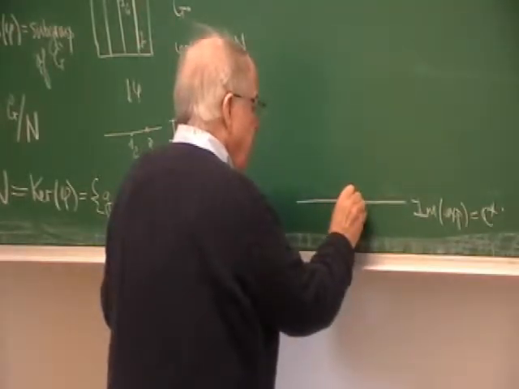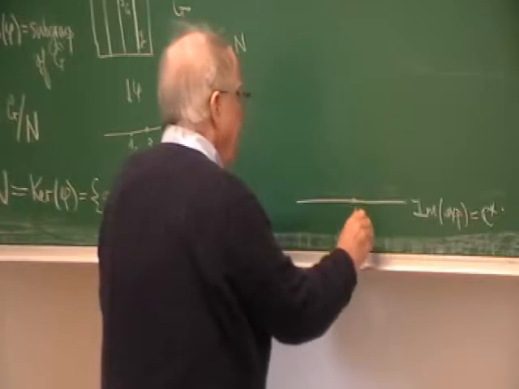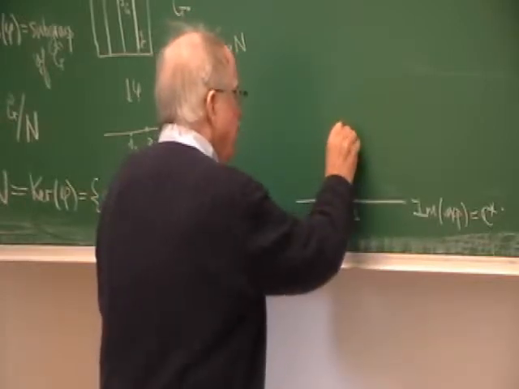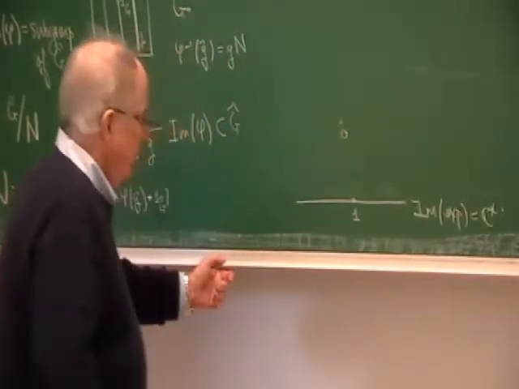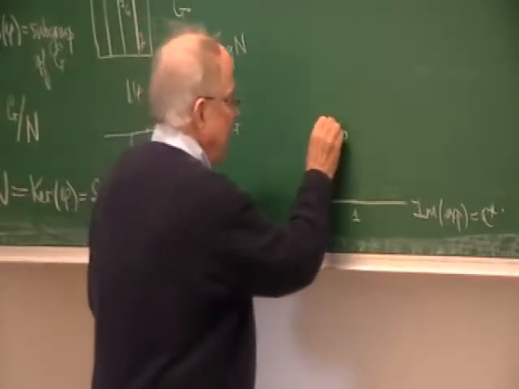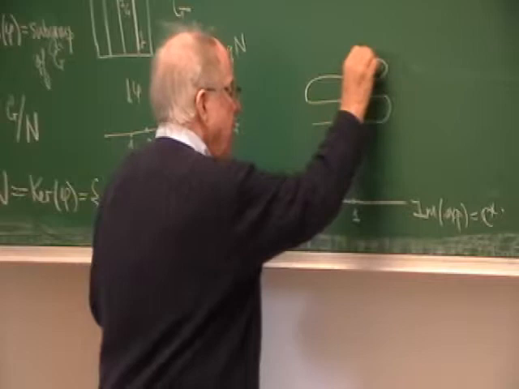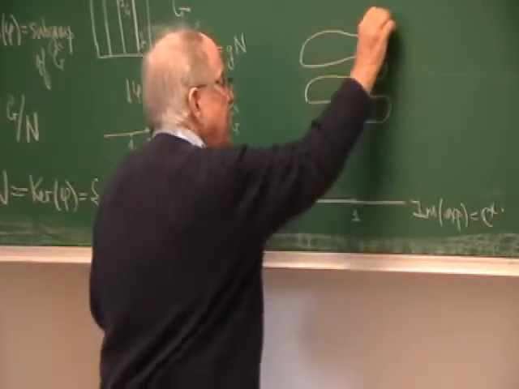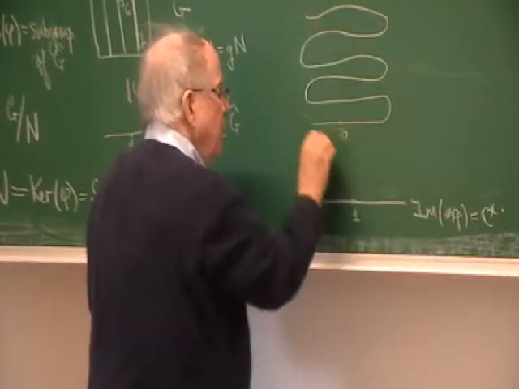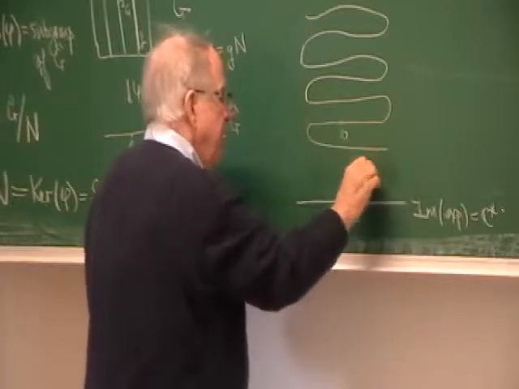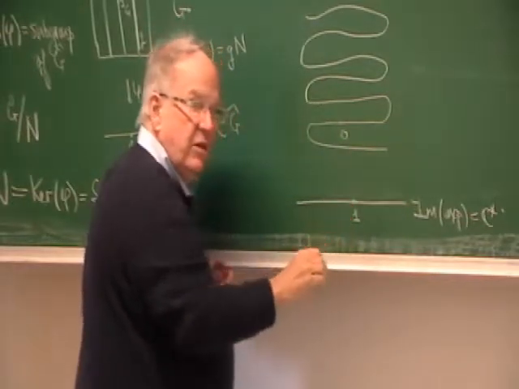Maybe 1 is in the image, here's 1, and 1 comes from 0, and 0, and maybe I will claim it comes from other things, and the picture of X looks something like this.